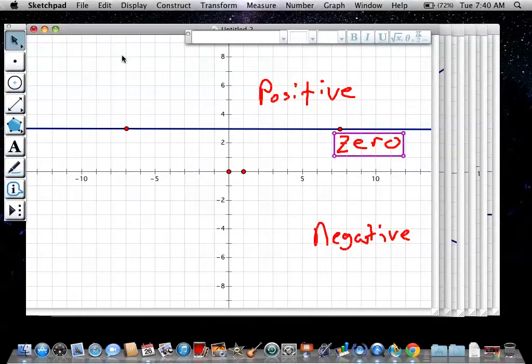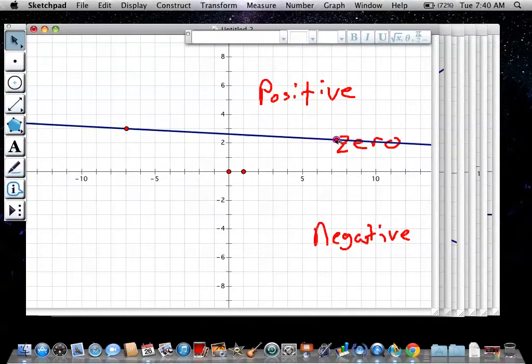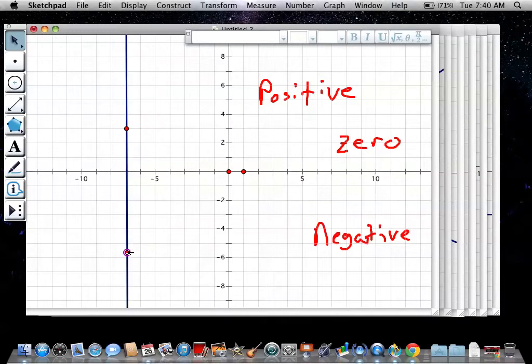And then the last one is a vertical line. When I have a vertical line, the slope is undefined. It has no slope.